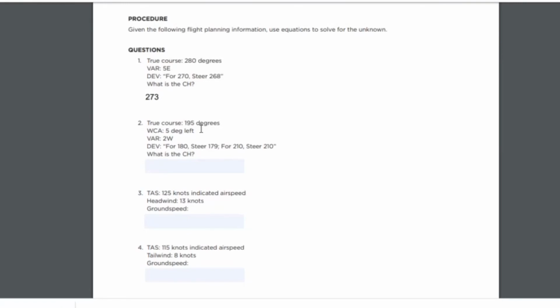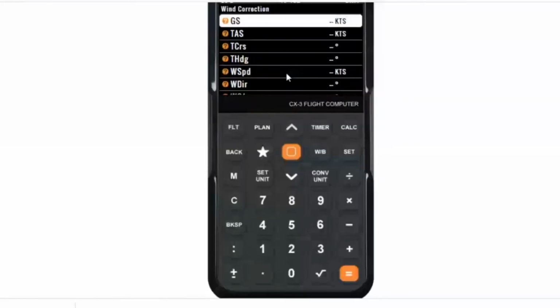And it says our true course is 195 that we measure with our plotter. And we have 5 degrees of left wind correction angle. So I guess that they already did the correction in the flight computer for whatever the wind speed and direction is on this one. And so that means now we have a true heading of 190 with 2 degrees of west variation.